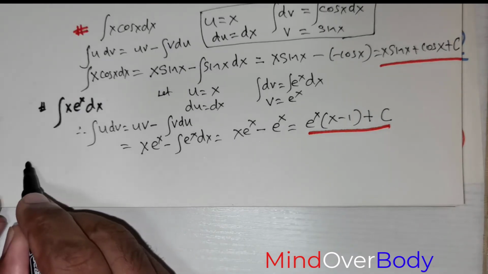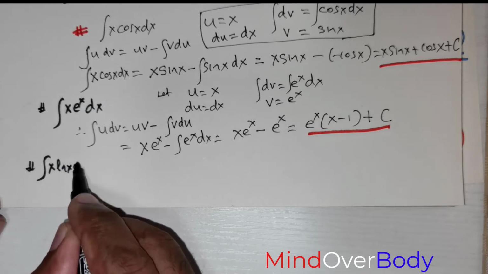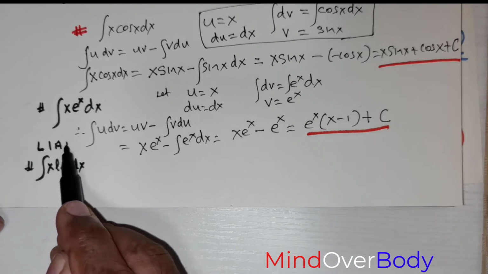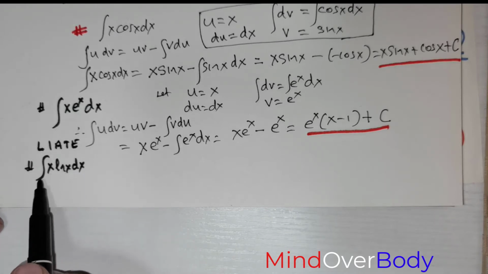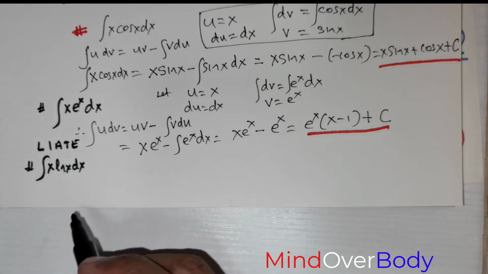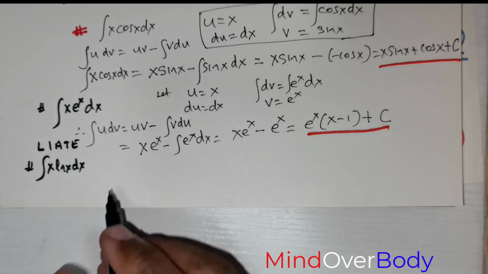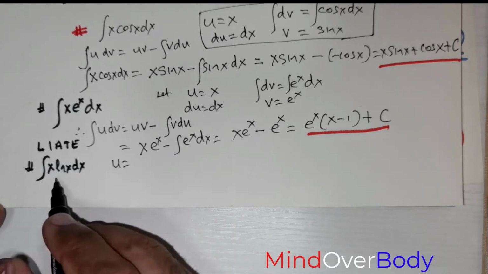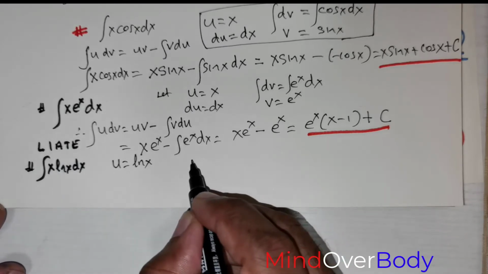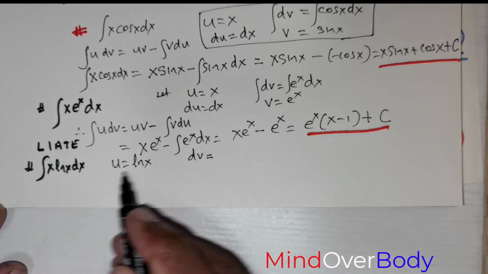Now the next question is we are expected to integrate x times ln x dx. Now by the LIATE concept, let me just write that down here. We can see that the logarithmic function dominates. So we will have to start off by taking u to be ln x. So u is ln x and my dv is going to be the term which is present.